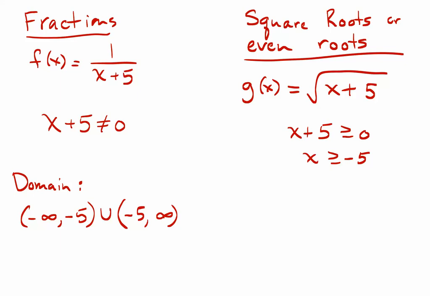Alright, let's see, x is greater than or equal to negative 5. That means we have a bracket on our hands, is that right? Bracket starting at negative 5, going off to positive infinity with a parenthesis. There's your interval notation.